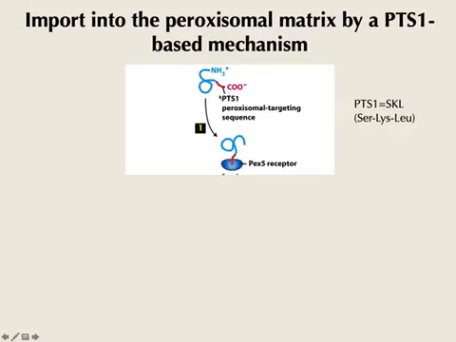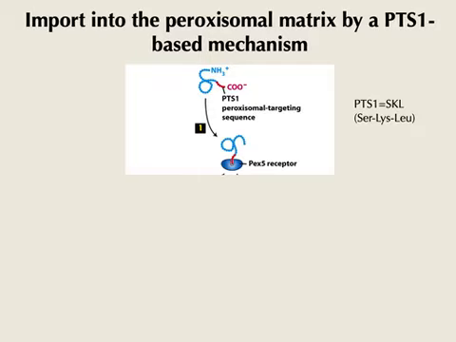PTS1 appears on this peroxisomal targeting sequence, and it's recognized by a diffusible receptor, which can basically snatch it wherever it is in the cytosol. Does that remind you of something? A diffusible receptor that can recognize a free-floating tag in the cytosol. SRP, that's how SRP works, right? So it's analogous here.